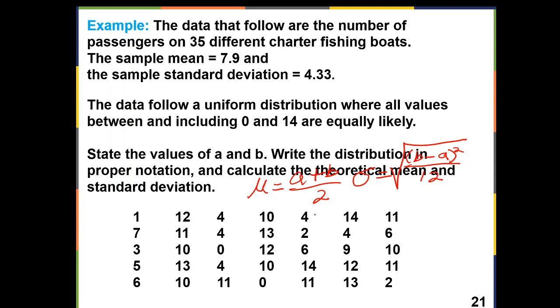So if these come from a uniform distribution, then in theory, the 7.9 should be kind of close to this number, and 4.3 should be close to this number. If it is, then we can say, yes, these came from a distribution from 0 to 14.